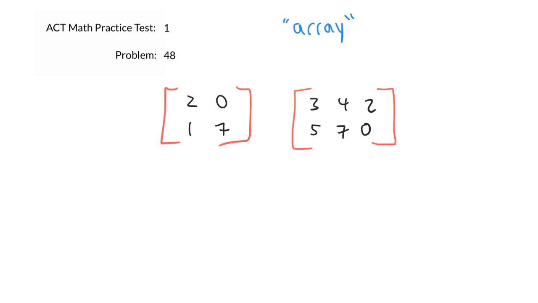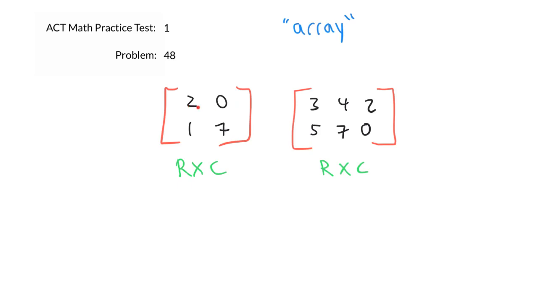Now, it is the case that matrices have dimensions, and the dimensions are always in accordance with row by column. This one has 2 rows.